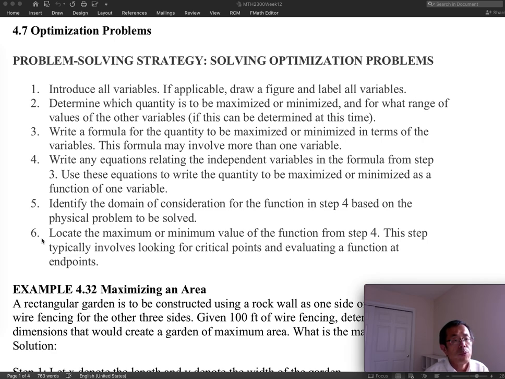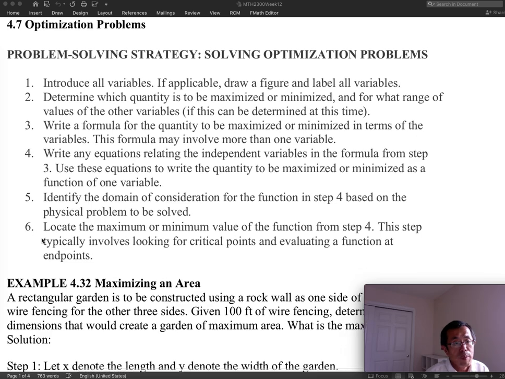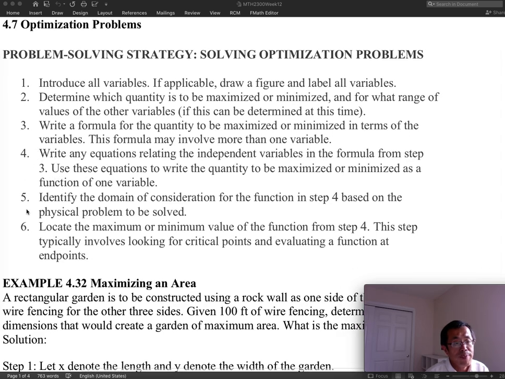Then you convert the actual problem into a mathematical problem, solve it, and finally make a statement to say how your number fits the situation. Step 1, 2, 3, 4, 5, 6. You don't need to follow those steps precisely, but they do cover the general idea as I just stated.